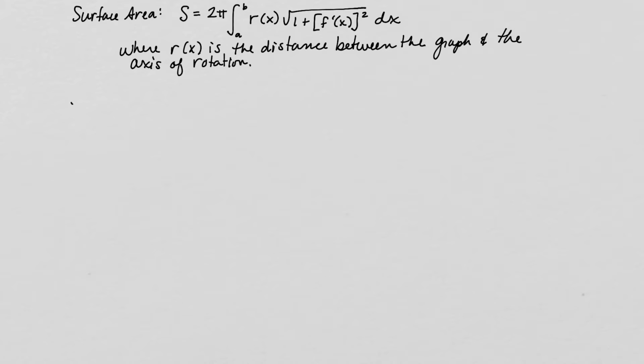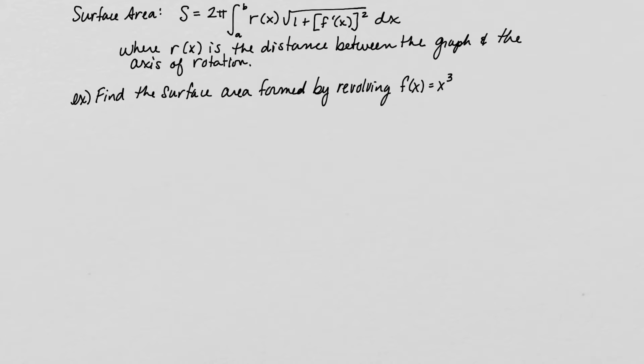So, for example, find the surface area formed by revolving f of x equals x cubed from x equals 0 to x equals 1 about the x-axis.